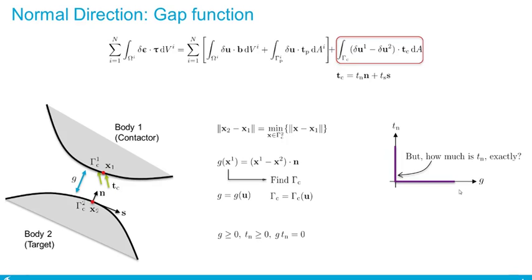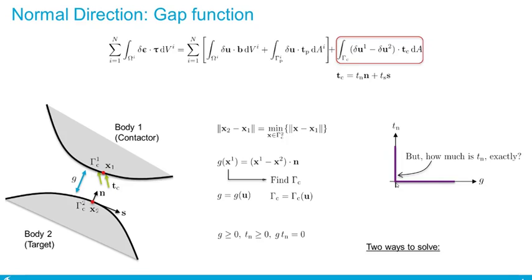However, we have a problem. We cannot define exactly the value of Tn when G equals 0, which means that when the two bodies are in contact, we don't know exactly the contact pressure. The only thing we know is that they are exerting pressure onto each other and they are in contact, but as for how much pressure is exerted, we don't know.